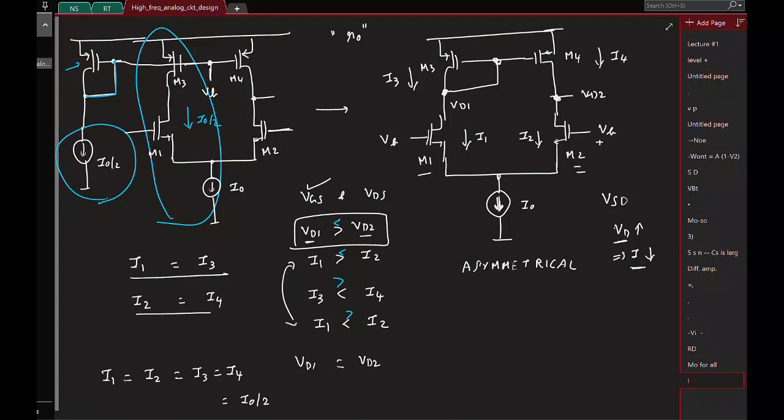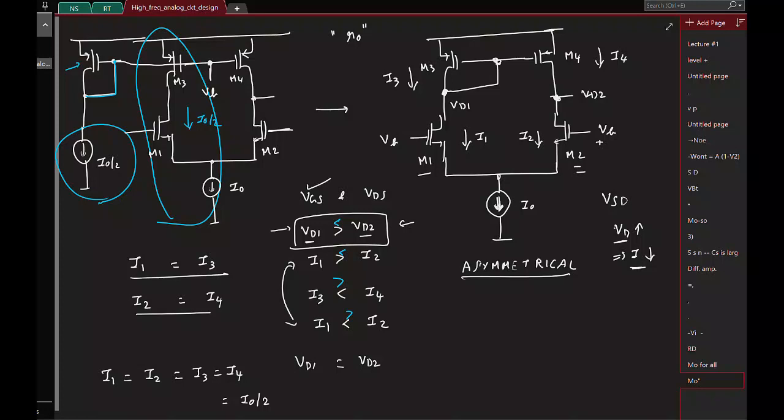So this is how the currents actually become equal. The circuit is asymmetrical, but still you see that the only way to have a stable operating point is to have equal drain voltages for the transistors. Okay, great. So this is fine.